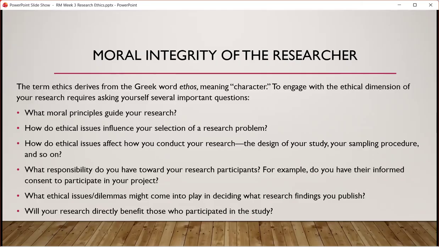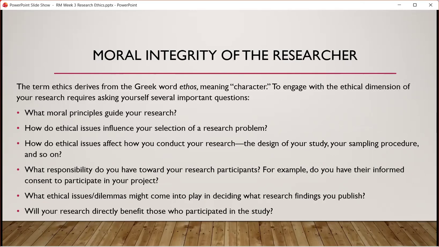So the questions are, what moral principles guide your research? How do ethical issues influence your selection of a research problem? How do ethical issues affect how you conduct your research, meaning the design of your study, your sampling procedure, and so on? What responsibility do you have towards your research participants?